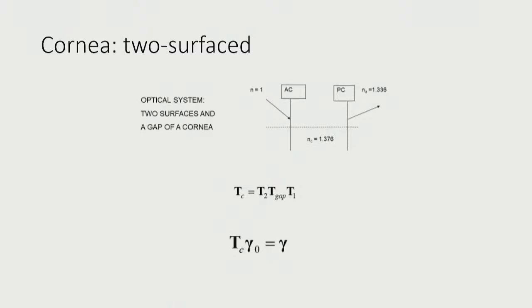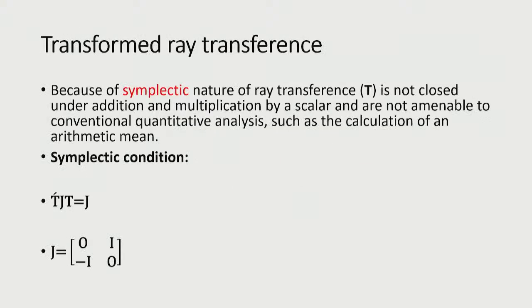Then, we calculated the transference. And when we calculate the transference, we calculate from the back, from the right. In physics or optics, light is always assumed to travel from left to right. So we calculate in reverse to find exactly what is the total transference of the cornea and the divergences of what's happening.